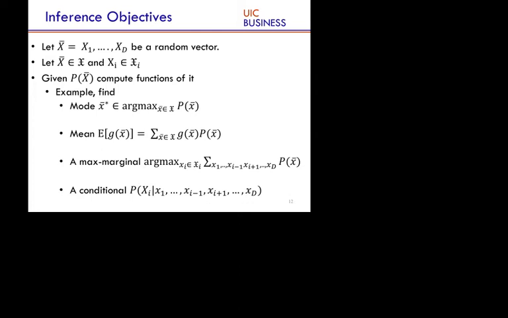Max marginal is just an example inference problem where you're trying to find that xi which maximizes the marginal, where the marginal is taken by summing over all the other random variables. And a conditional probability is just the probability of a random variable given all the realizations of the other random variables.